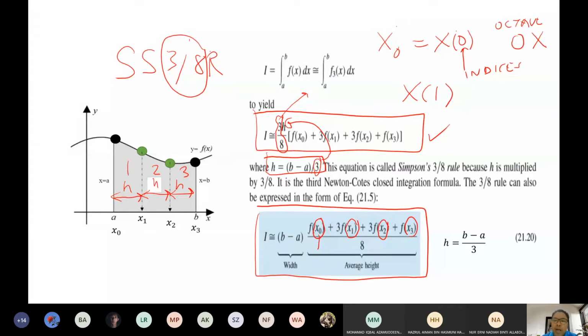So I have to change this to be fx1, and this x1 we have now to shift to be x2. So this will be your x2, this will be x3, this will be x4. This only applies in Octave coding.